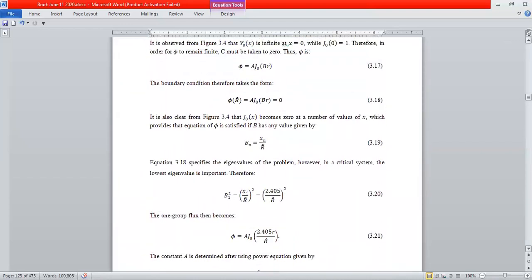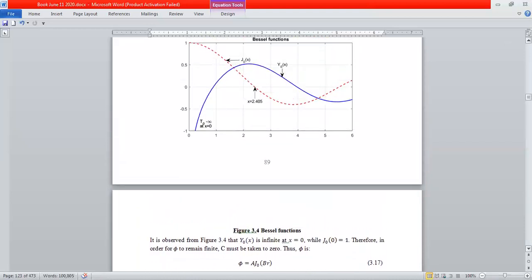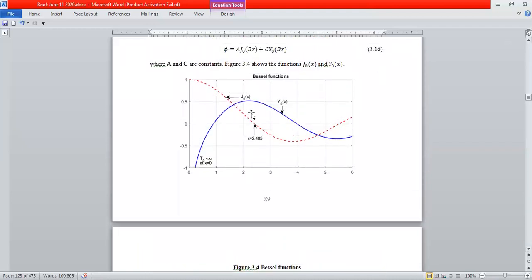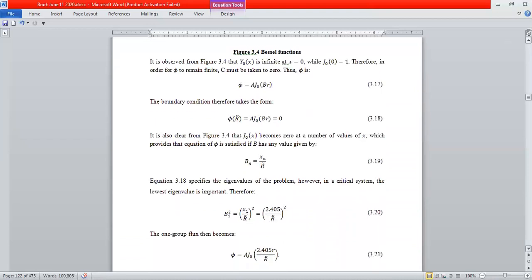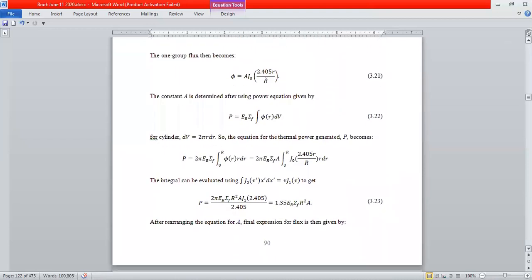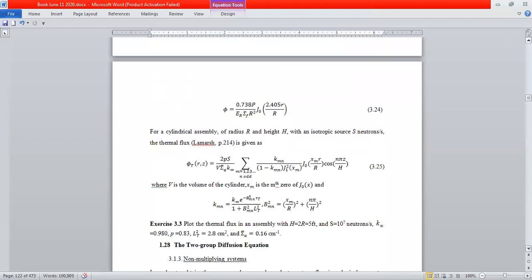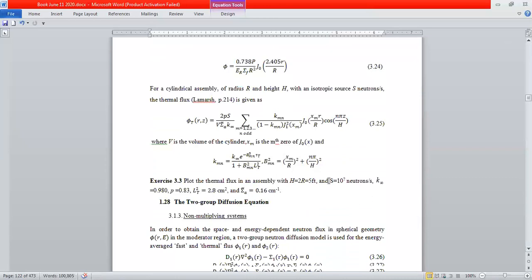But where's the maximum of the Bessel function? Well, here it is. The Bessel function has a maximum over here at 2.405. So where that's maximum and where the cosine is maximum, you're going to get a maximum for the flux.